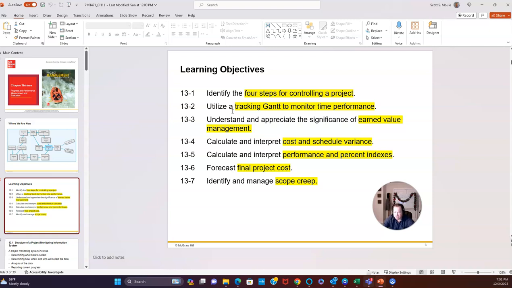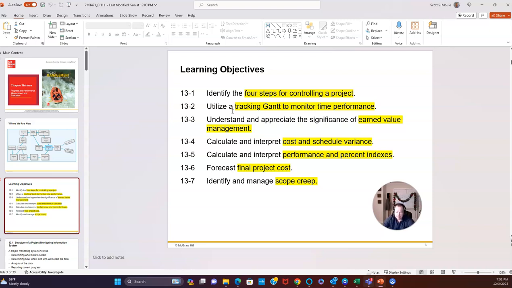We're going to have a whole section on earned value management. We'll talk about how to interpret cost and schedule variance, as well as schedule performance indexes, SPIs, and cost performance indexes, CPIs.